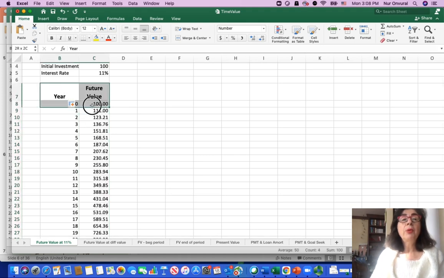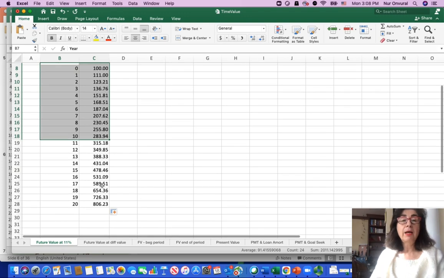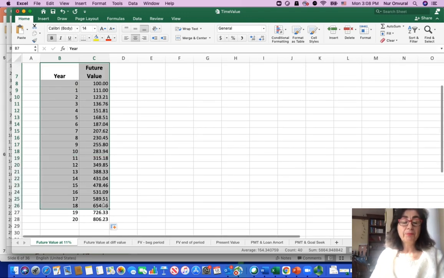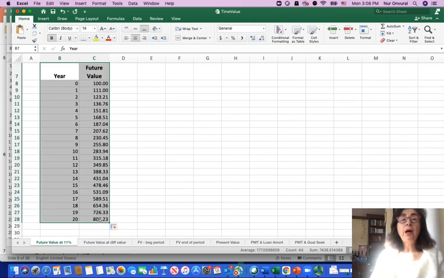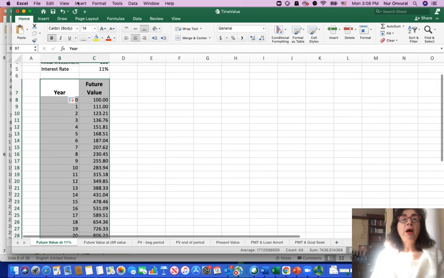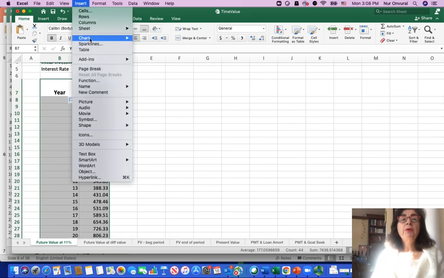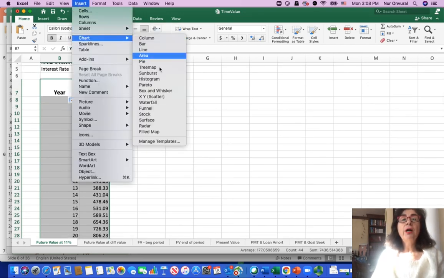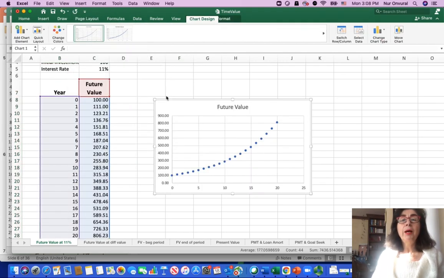Now, if I want to plot this, I will highlight these 2 columns, then go up to Insert. I'm going to insert a chart, and I want to do a scatter plot.